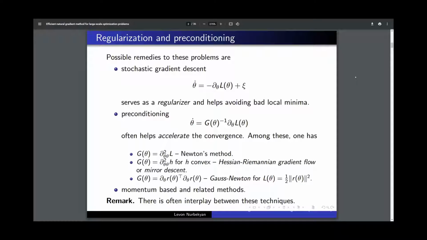There are preconditioning techniques that improve your descent direction and help accelerate the convergence, using some kind of curvature information. Among these you have the well-known Newton's method, Hessian-Riemannian gradient flows, or Gauss-Newton, for instance. And there are also different momentum-based methods, and often all of these methods are interconnected with one another, and there is an interplay there.